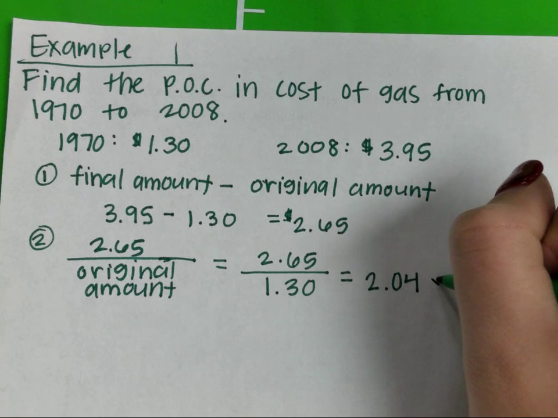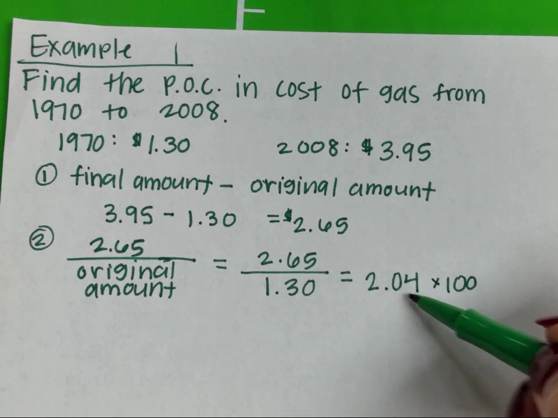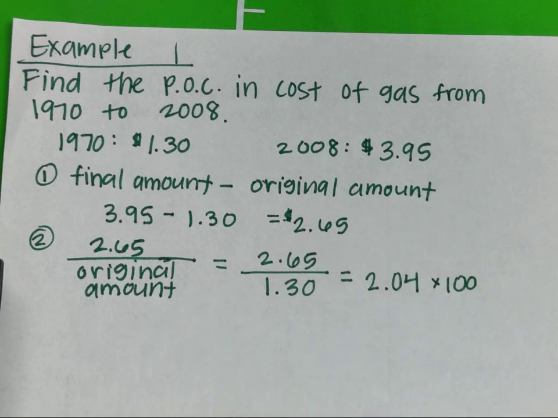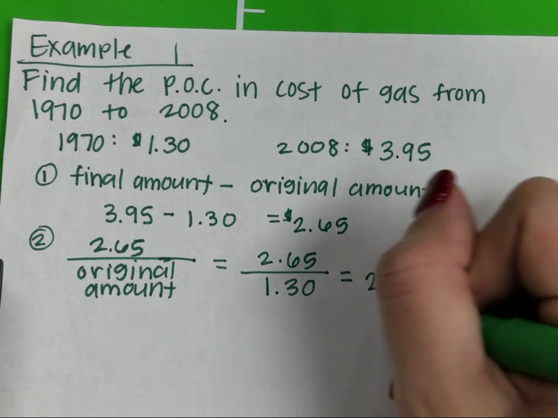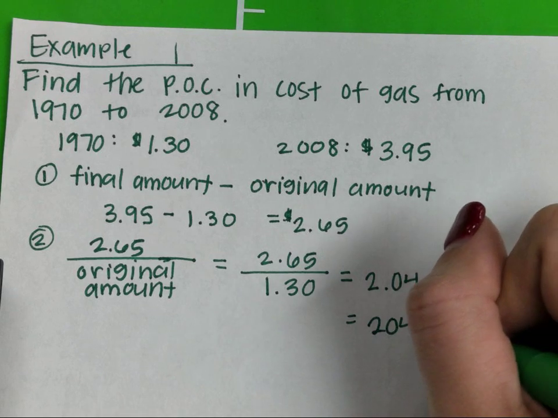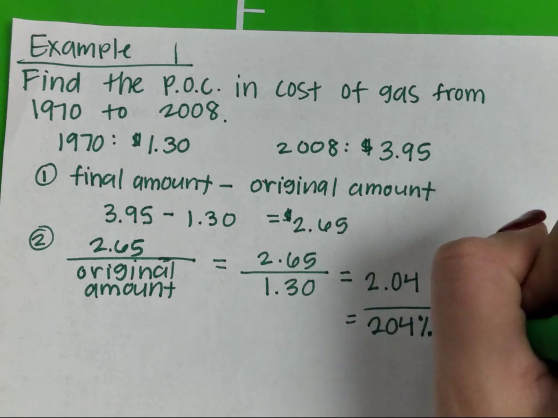Either one gives you the same answer, okay? Because multiplying by 100 means you're moving the decimal over to the hundredth position. So if I multiply 2.04 times 100, I get 204%. So my percent of change is 204%.